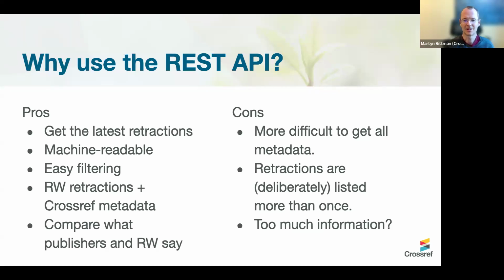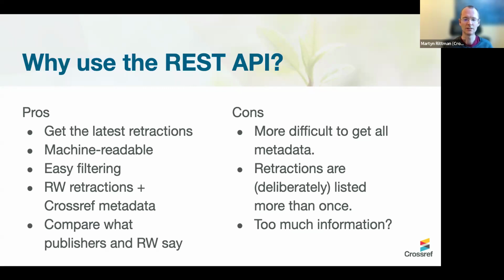Now, I will just mention that one of the things we ummed and ahed about, and there was some discussion and a little bit of disagreement around when we did this, was that we didn't include the reason for retraction in the REST API. The reason we haven't done that at the moment is that members can't currently deposit a reason for retraction. That's something we're going to change later this year. Hopefully that's in the plans for updating our metadata schema to allow that.